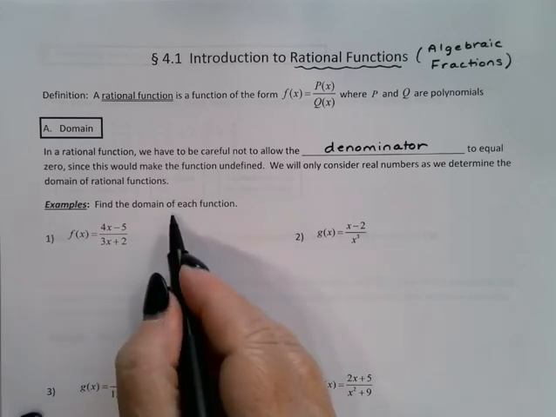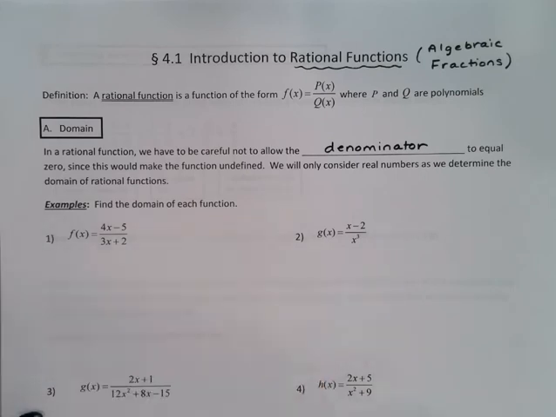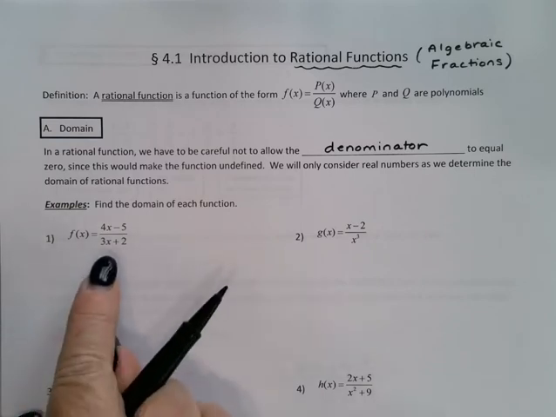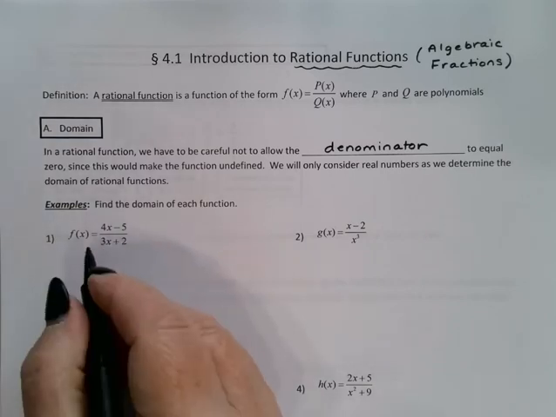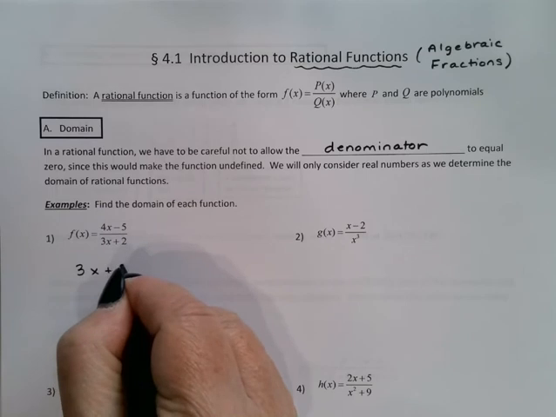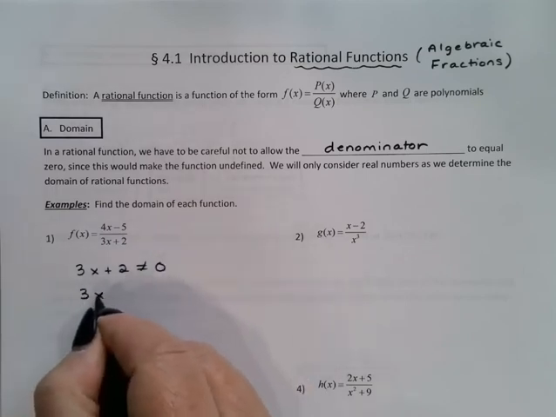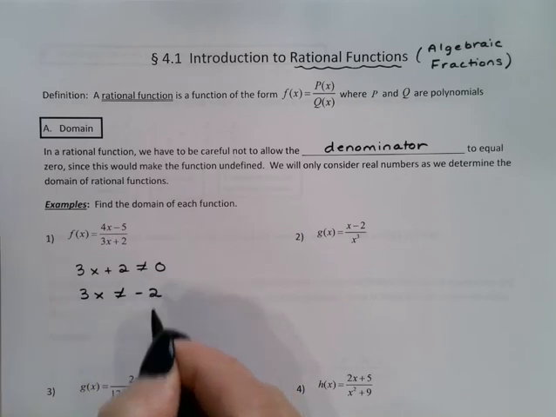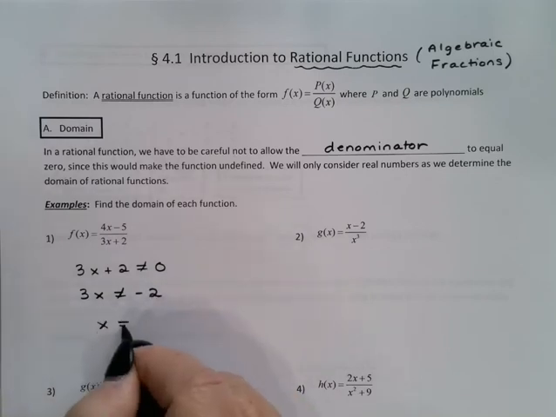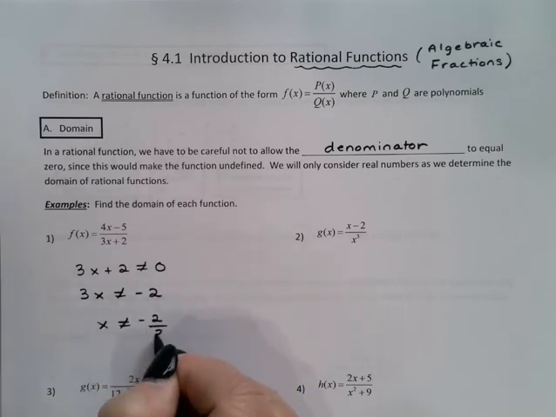If I'm asked then to find the domain, for example, of this rational function, I want to concentrate on that denominator. I know that 3x plus 2 cannot be 0, so 3x is not equal to negative 2, and x is not equal to negative 2/3.